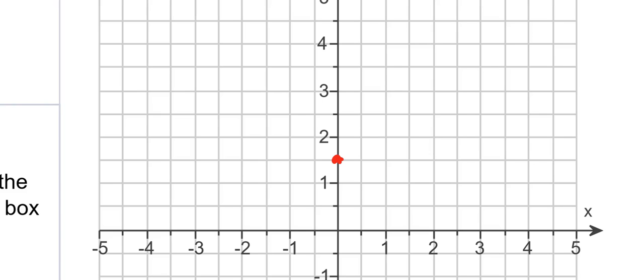Technically, if you go up 1 and over 2, you would land right there. Do you see that every single block on this page is worth half a unit? Going up 1 and over 2 would be like that.